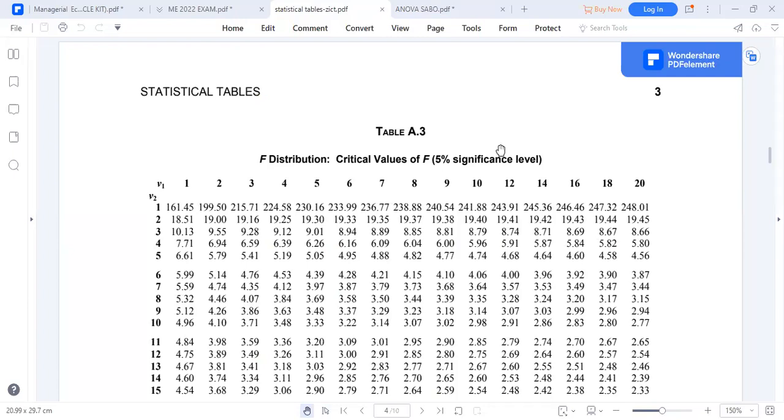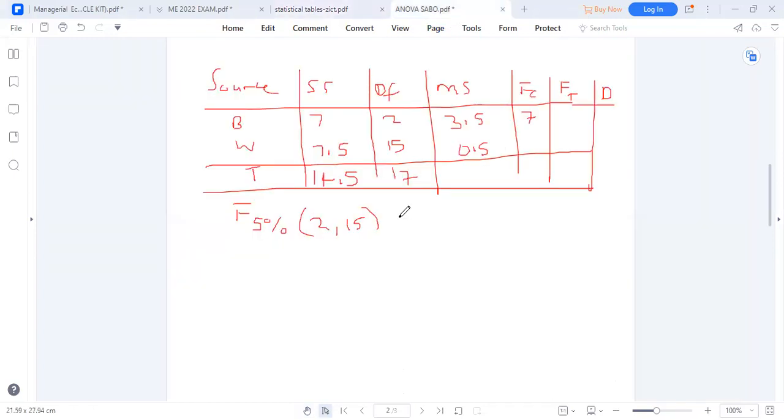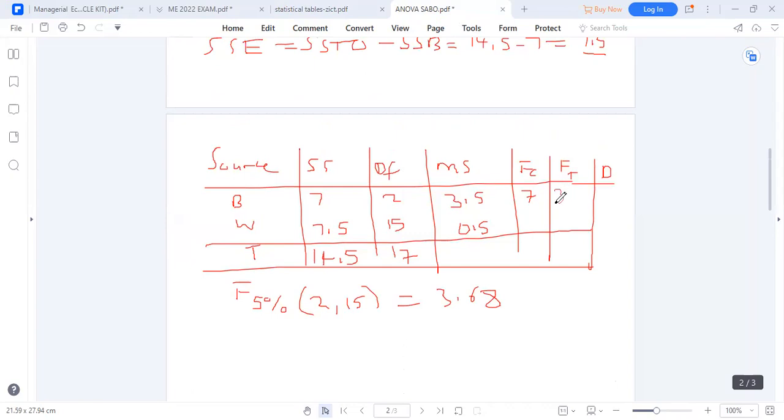What is our reading? 3.68. Do you all agree? Yes. What is our decision here?